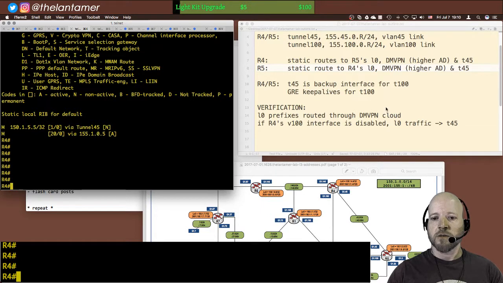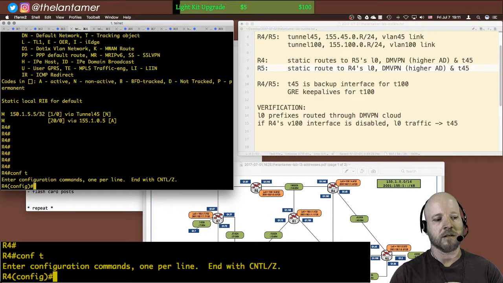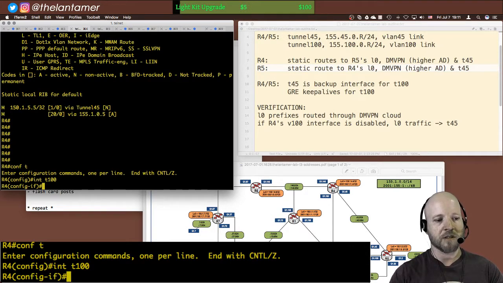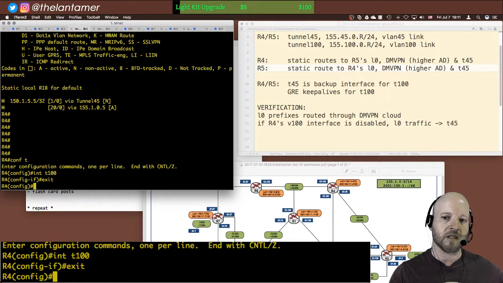All right, so these are routed through the DMVPN cloud. We verify that if R4's interface is disabled, that the traffic would go through T45. So basically the only way that's going to come up is if this interface is down.